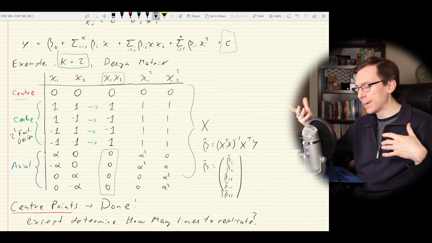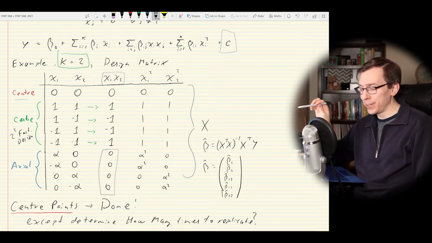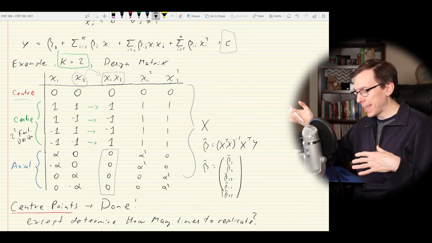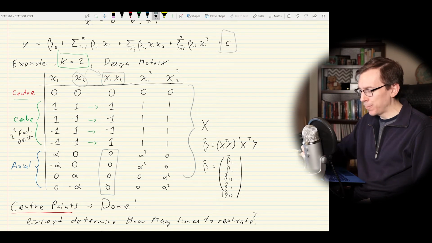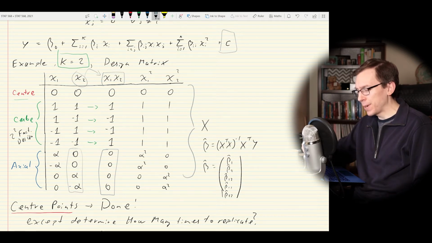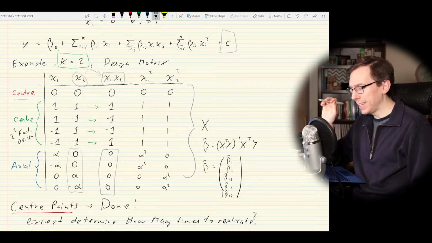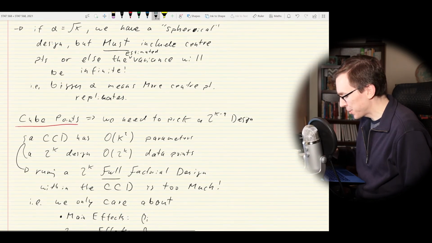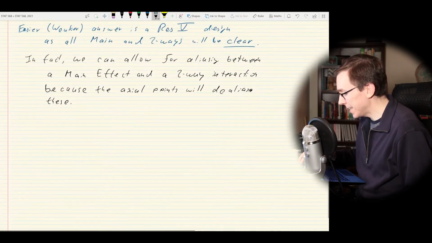But if I had more of them, I would have to be really careful that I don't have them aliased with each other. Whereas if I have, say, x2 or something aliased with x1 crossed with x2, I can use the axial points to de-alias them, because the axial points are different between the main effects as they are with the interaction effects. And that's where that'll save you. And that's why we can actually become much more efficient than we otherwise think we would be.